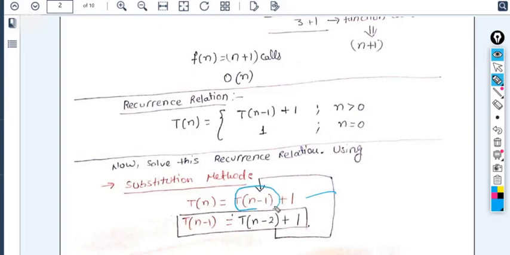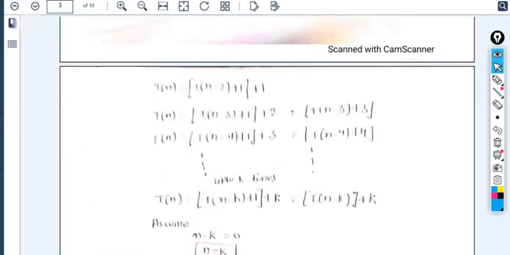To substitute the value of T(n-1), one less value than n-1 will be n-2, so T(n-1) = T(n-2) + 1. You have to put this complete value at the place of T(n-1).